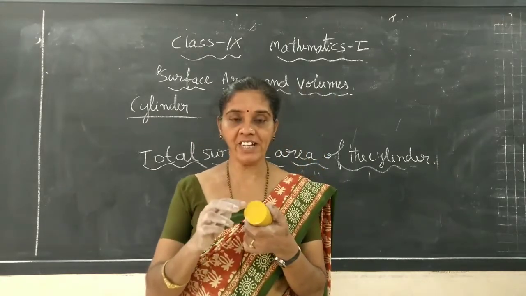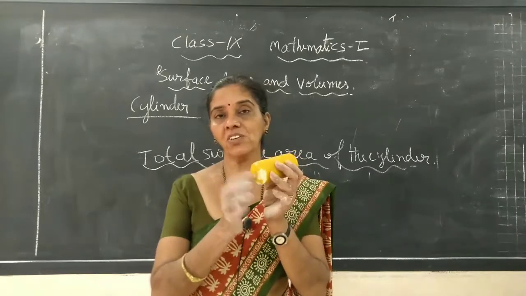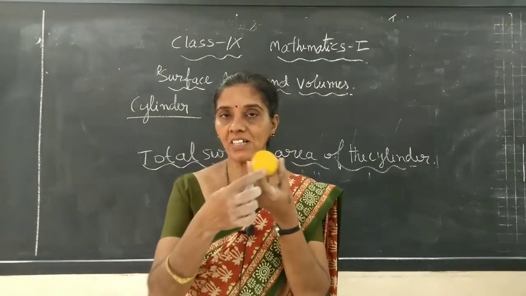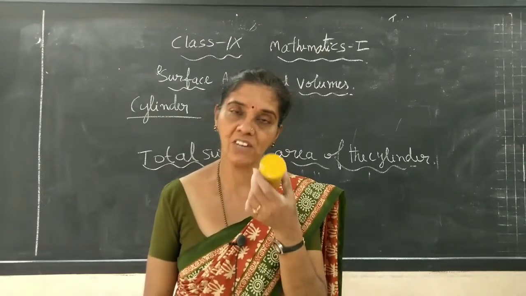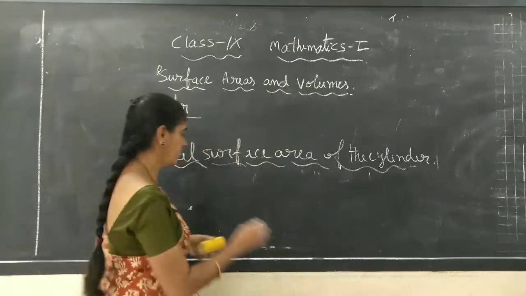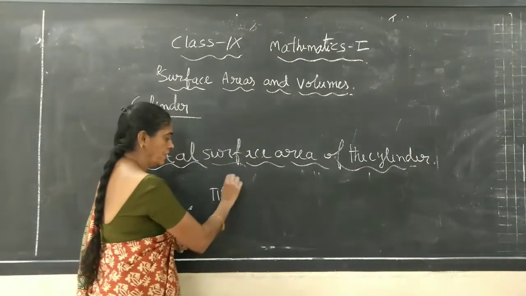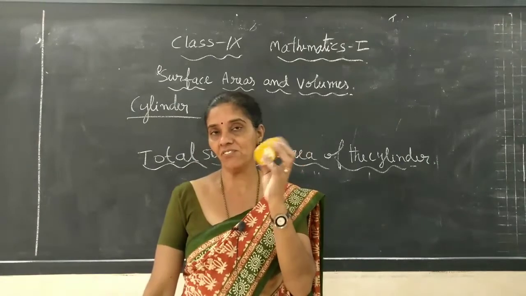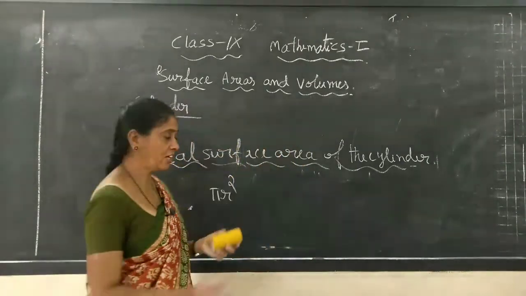We have to consider these two circular areas. This and this are identical. What is the formula for the area of any circular shape? It is pi r square. And how many circular faces does this cylinder have? Two identical faces. So you have two circular faces extra.